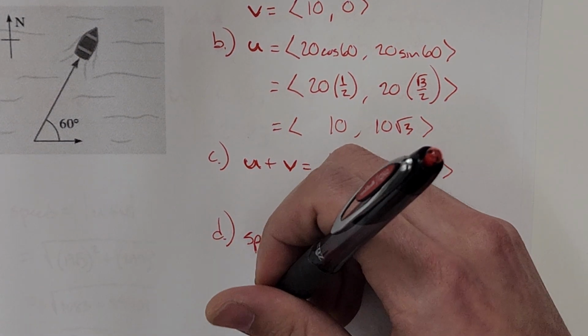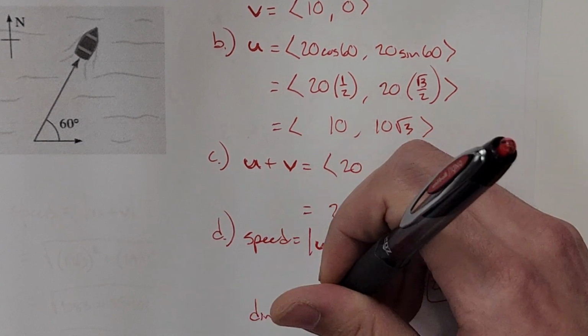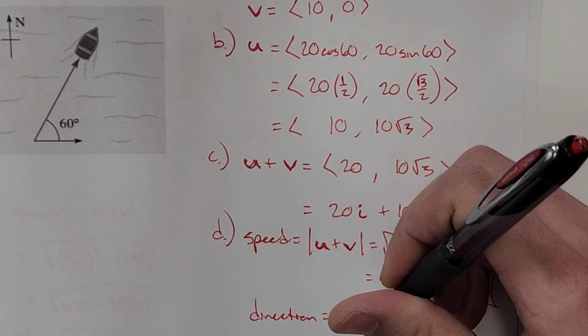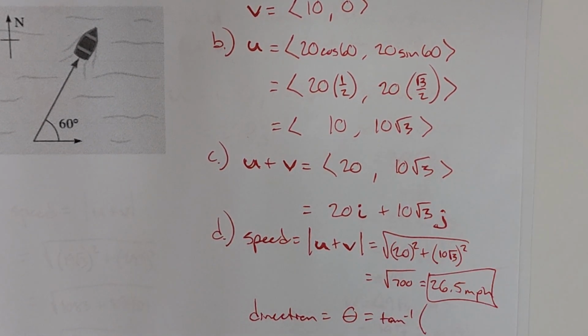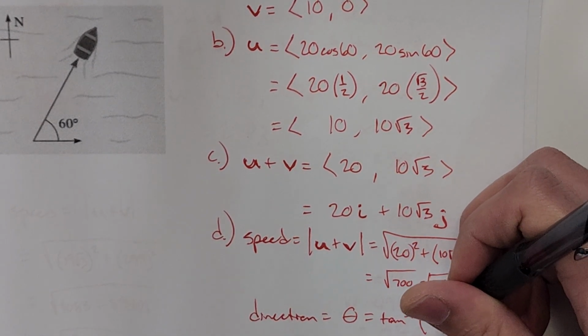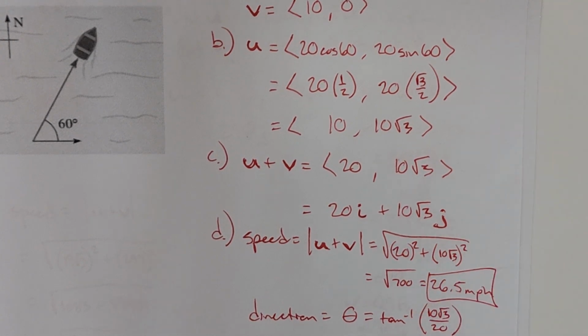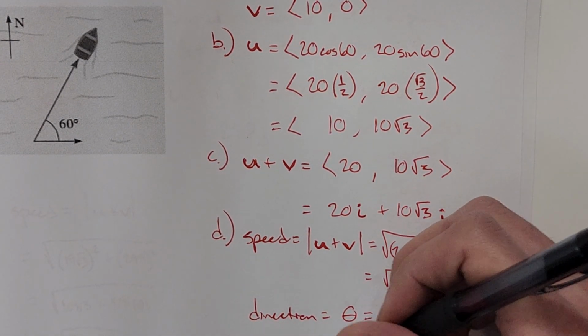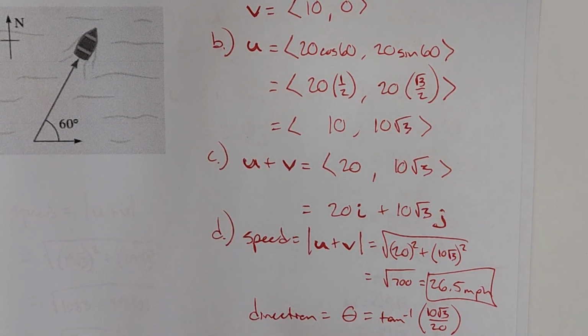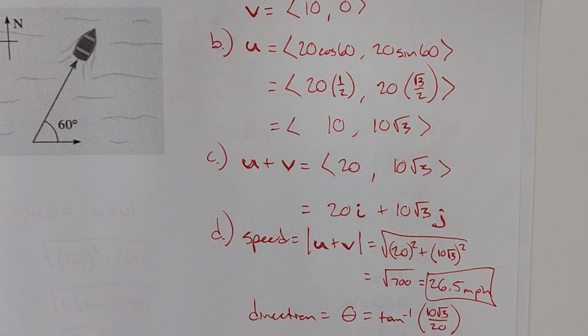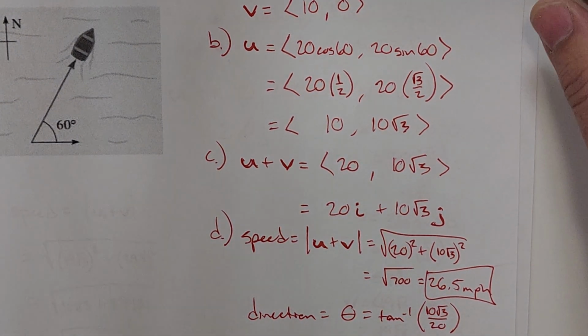Let's also find the direction, which again is equal to the inverse tangent of delta y over delta x. And so we have 10 root 3 over 20, which if you were to plug that in your calculator, you would get about 40.9 degrees. Now again, that gives us that angle formed with due east, or like that reference angle.